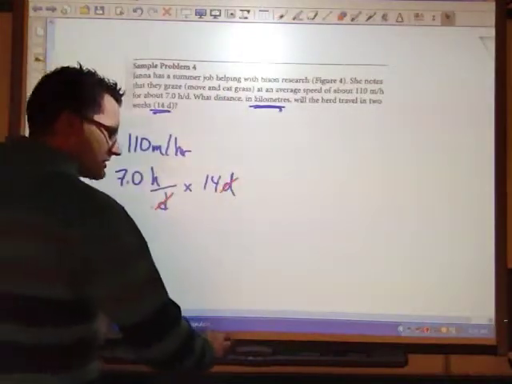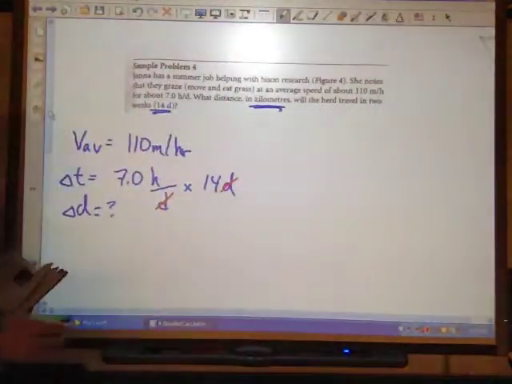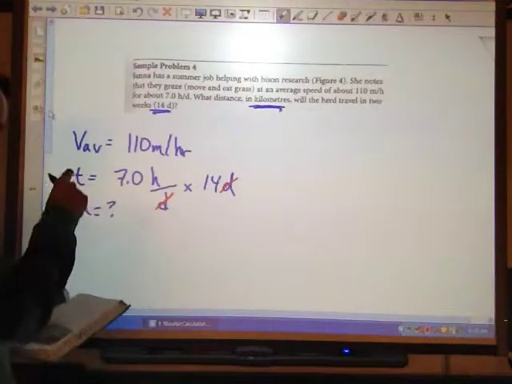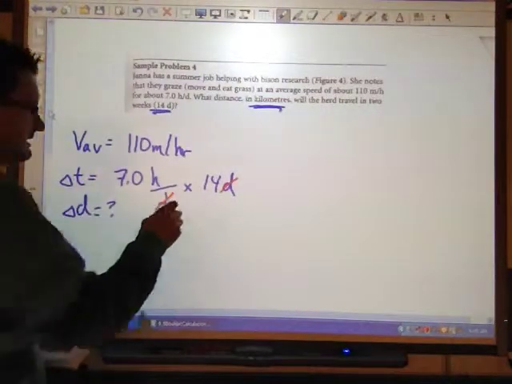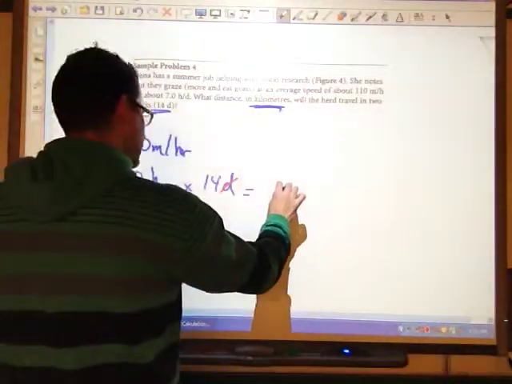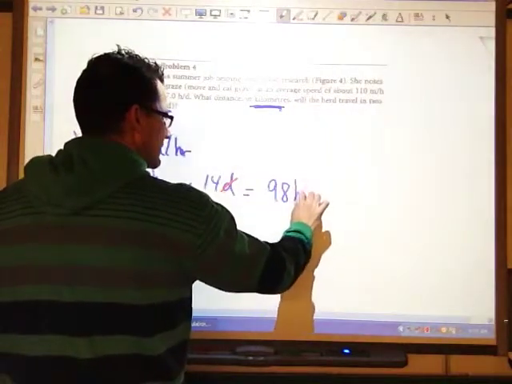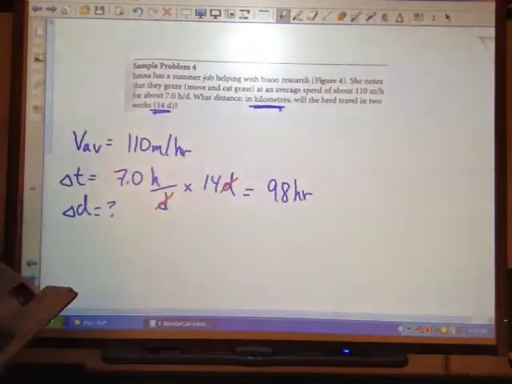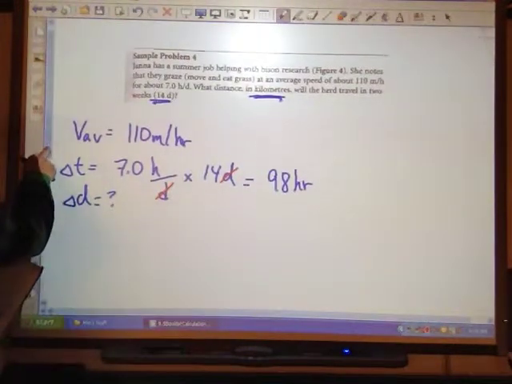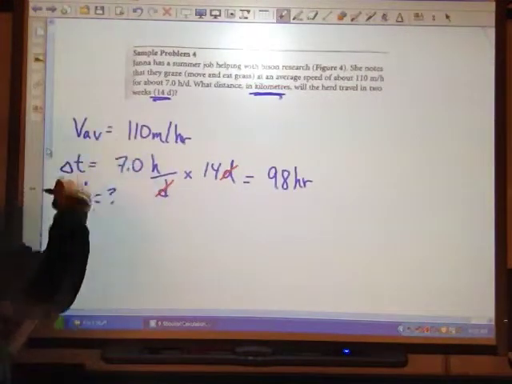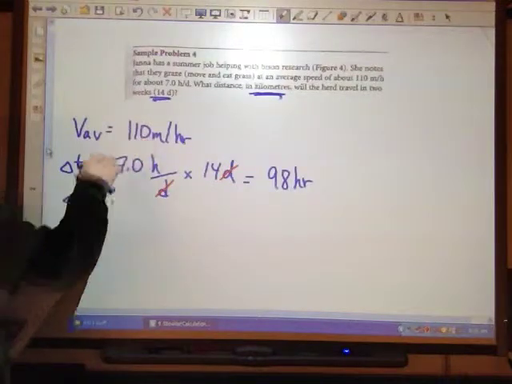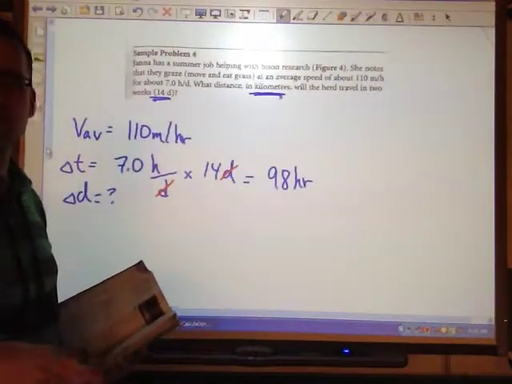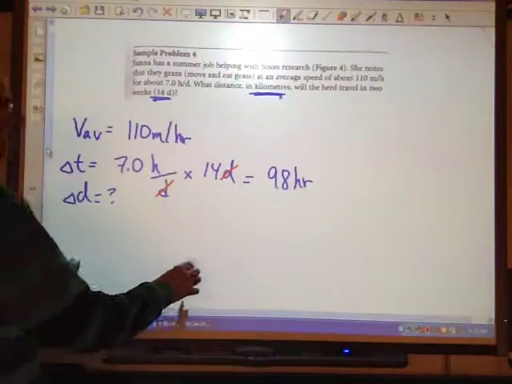So I'll be able to get the total number of hours that these bison traveled for. 7 hours per day multiplied by 14 days works out to be 98 hours in total that they went. Okay? So at this point we could change this to kilometers or just simply work through it in meters per hour and then convert it at the end, which is what I think I'll do here.